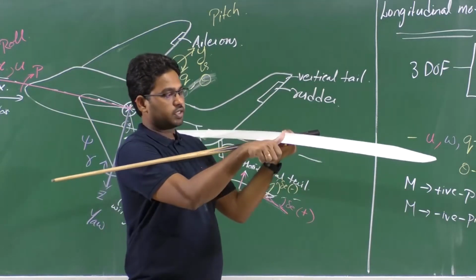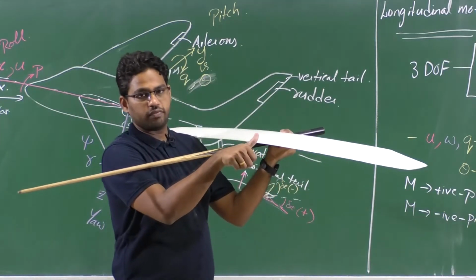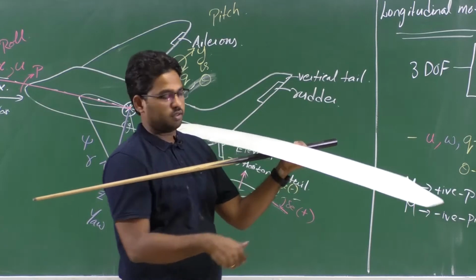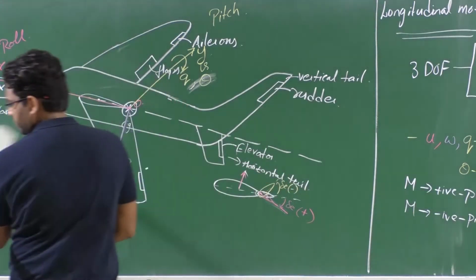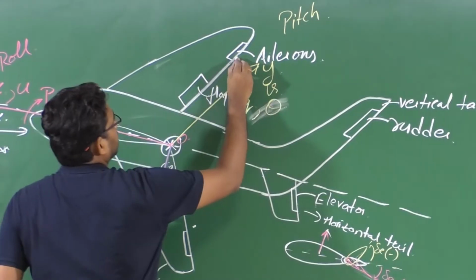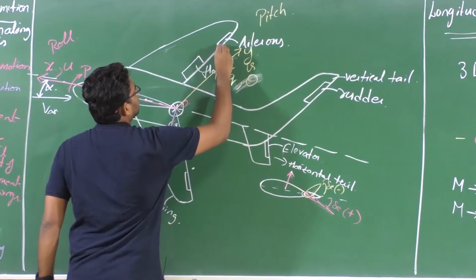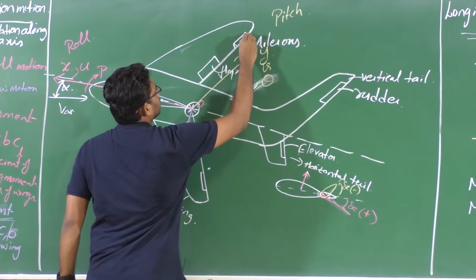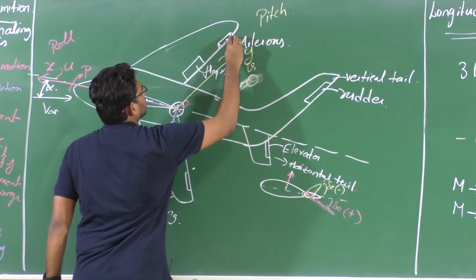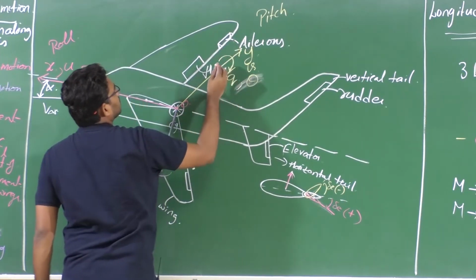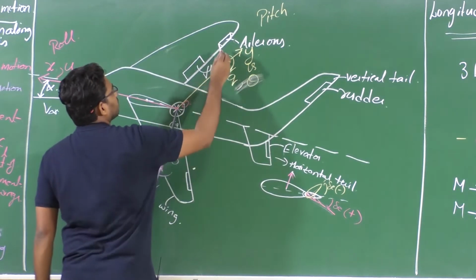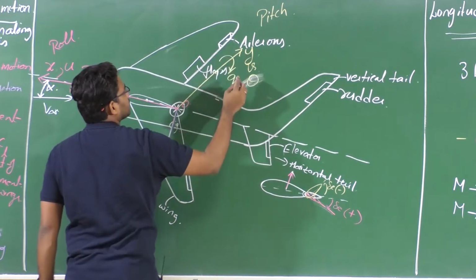So the positive deflection is deflecting the right aileron downwards, right? So if you deflect this aileron down, let us say this is the new location of the deflection. If you deflect it down, then we say this is positive.